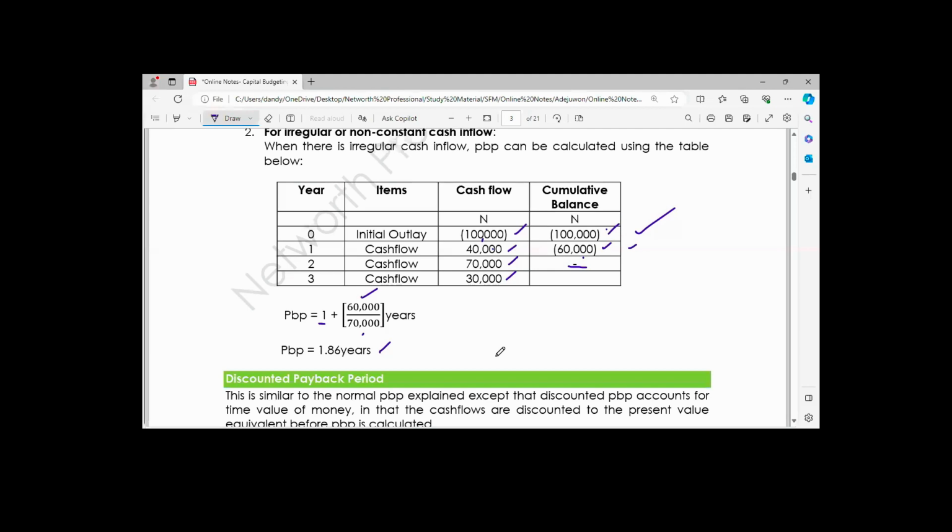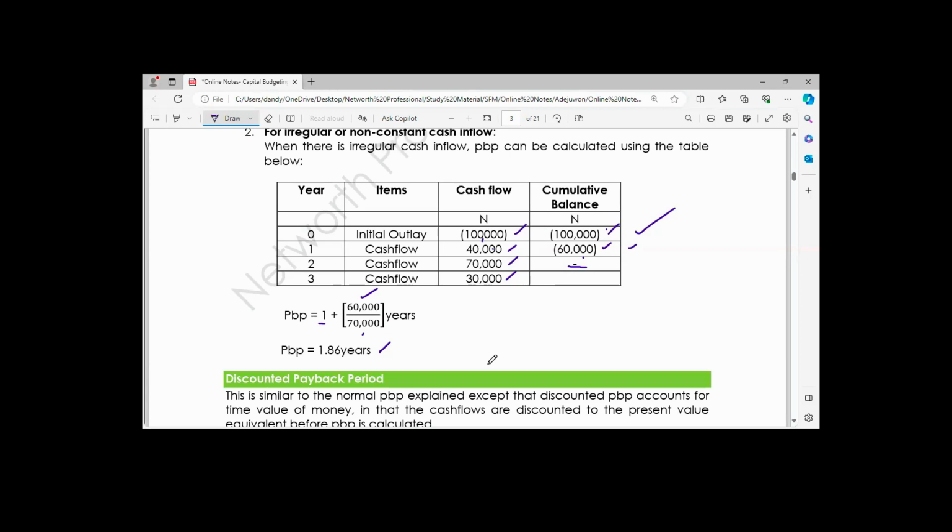So if your calculated payback period is shorter than or equal to the management predetermined payback period, then you say the project is financially viable and should be considered. All right. But if it is greater than the management predetermined payback period, you say the project is not financially viable and should be rejected.